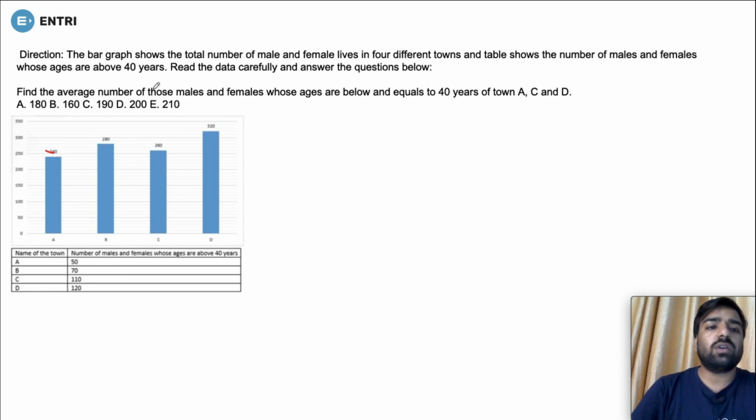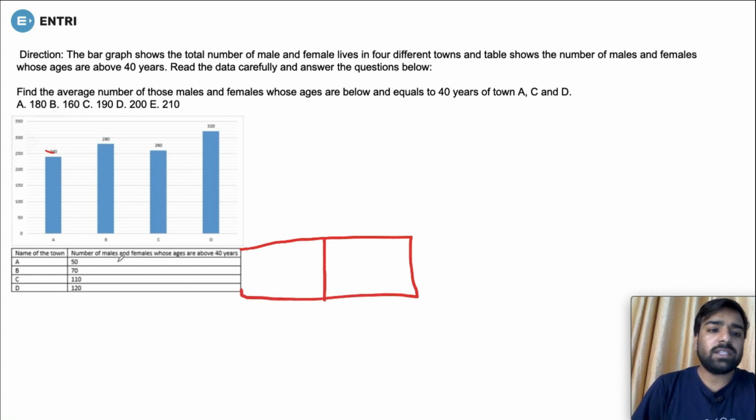So according to that, we can complete this table, where the number of males and females whose ages are above 40 years is given. We can first complete this table by noting down some of the other numbers as well. These are males and females whose age is above 40 years, and these are the total number of males and females.